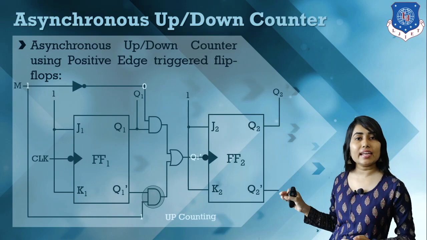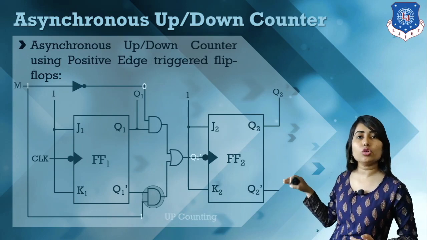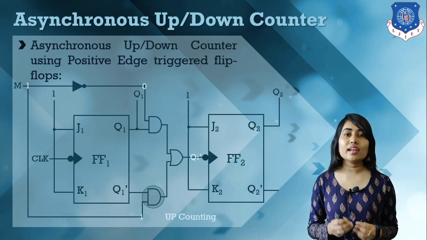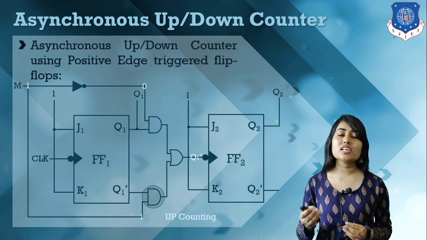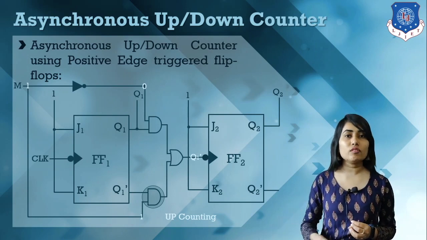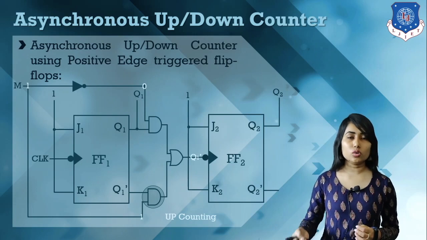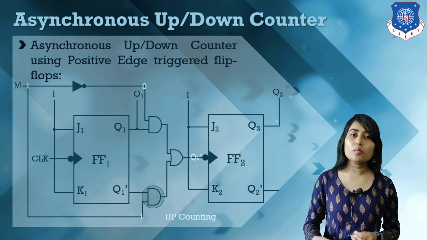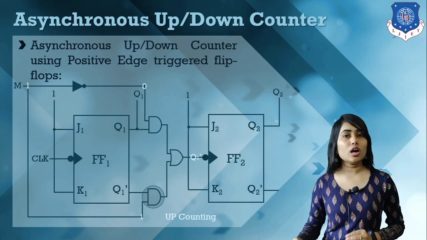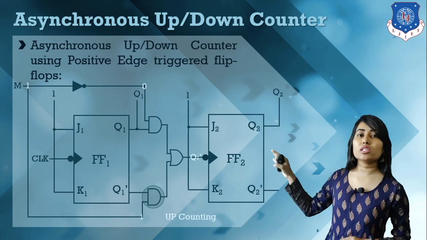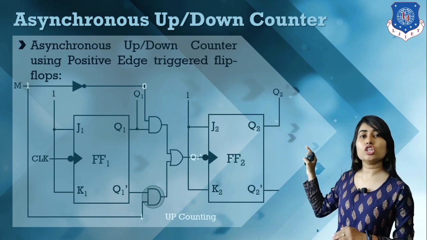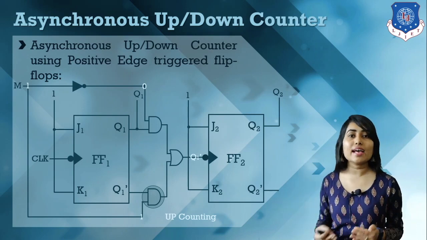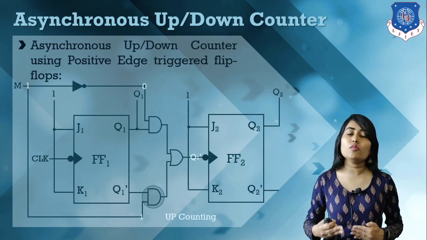Whenever we connect a positive edge trigger flip-flop with Q1 dash as a clock, it works as an up counter and counts in upward direction. So whenever M equals 1, we have Q1 dash as the clock into the second flip-flop, so it counts upward.